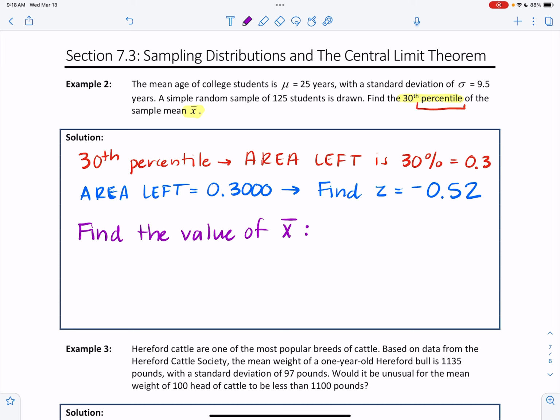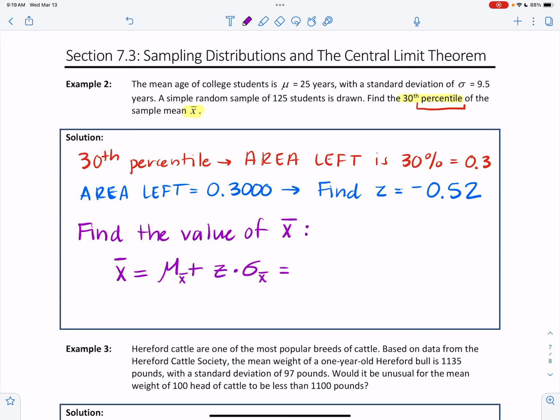And we already have a conversion formula. To get to a data value, we just take the mean plus the z-score times the standard deviation. The only difference here is if we're looking for a sample mean x bar, we just have to make sure that we use the appropriate mean and standard deviation.